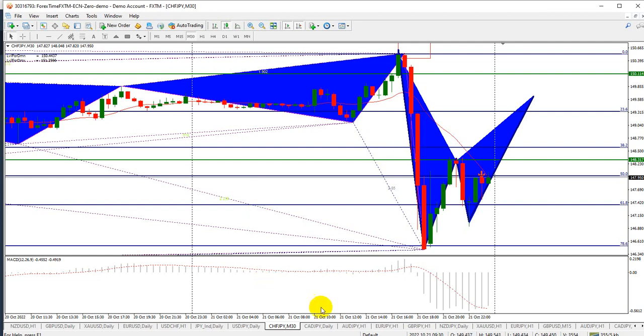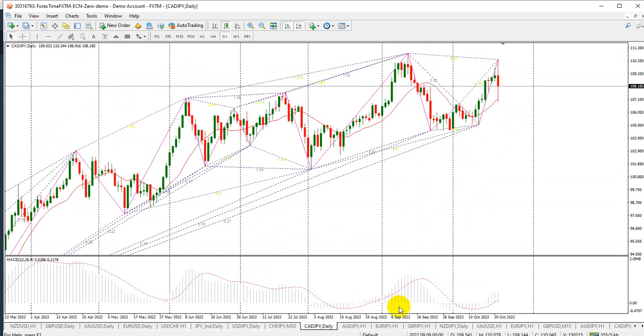Okay, so let's look at CAD JPY. For CAD JPY, same thing on the daily time frame. You can also see that there is something like that. Each time, just watch very well. You see that this thing is always working.